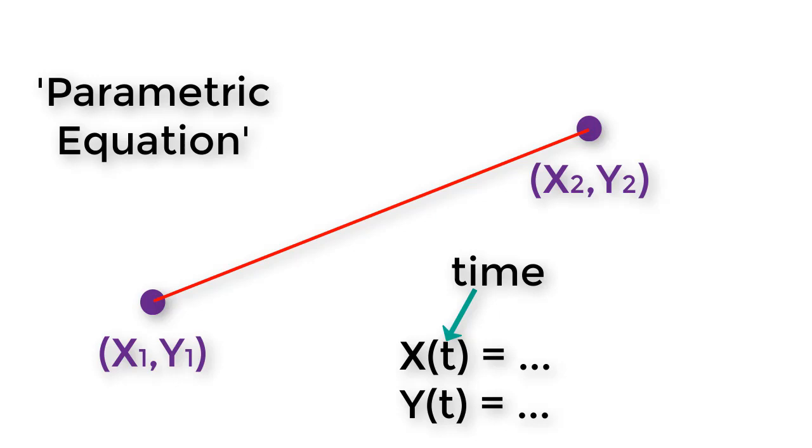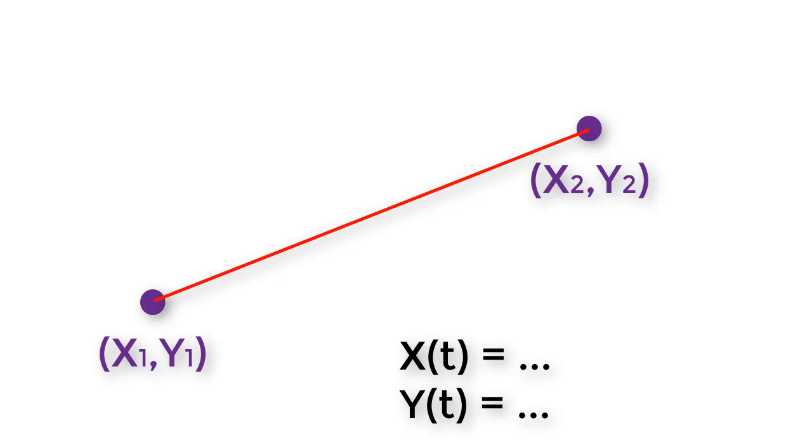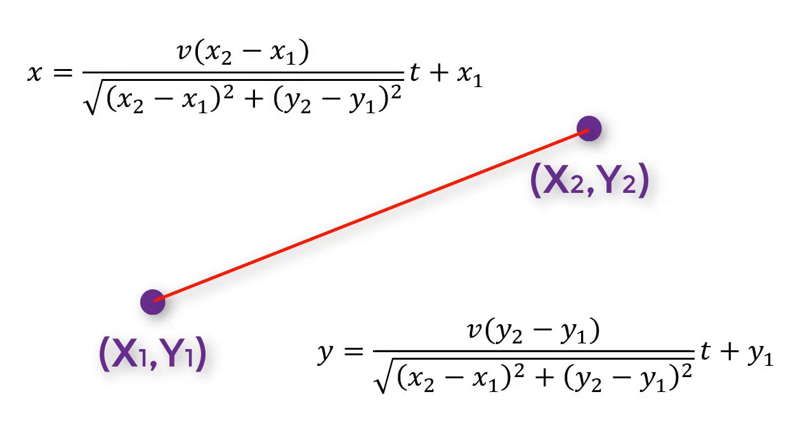So let's write a parametric equation for this line. We will have one equation that says the value of x at any point in time, and one equation that says the value of y at any point in time. The parametric equation of a line looks like this.